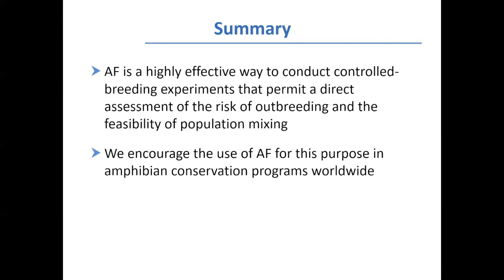Now, expecting high species specificity, we encourage conservation practitioners to use artificial fertilisation to conduct split clutch breeding experiments as a tool to inform their decision-making surrounding the use of population augmentation. We propose that by employing artificial fertilizations to facilitate more precise genetic management of threatened species, this will stand to significantly improve the outcomes of amphibian conservation programs globally.